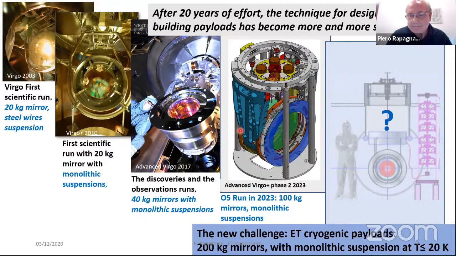By the way, this could be a good starting point also for the heavy mass payloads in ET at high frequency. So now we have this new challenge that the beautiful talk by Leonard has shown how severe is this challenge, because cooling down a 200 kilogram mirror with fibers is absolutely not a trivial task.